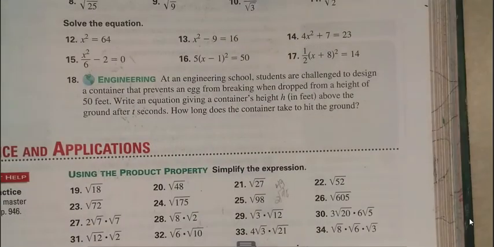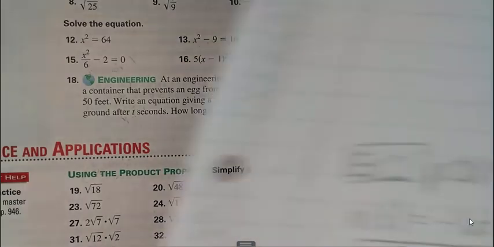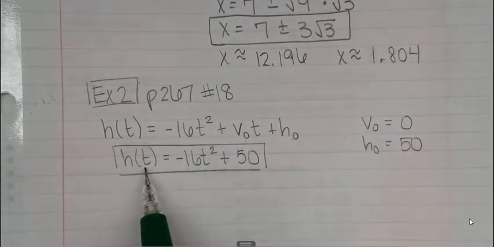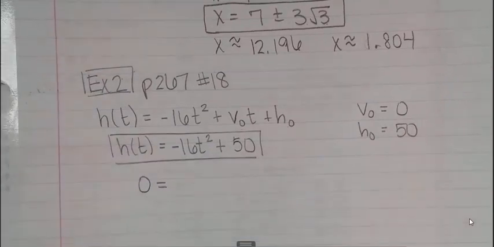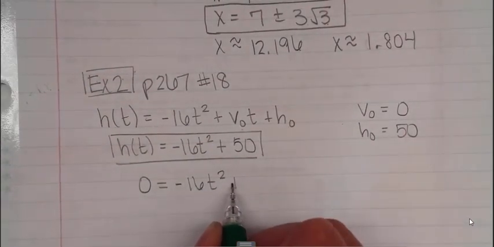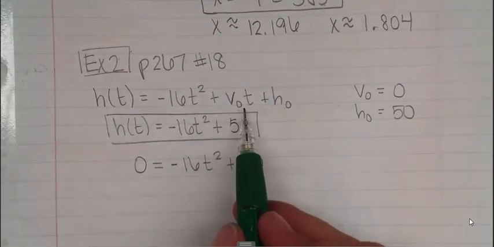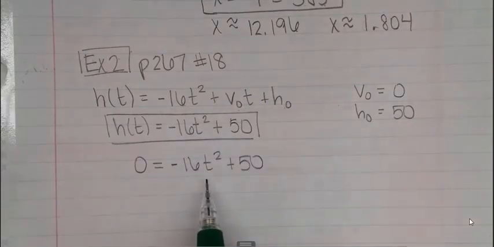And then the second part of this is, how long does it take the container to hit the ground? If the container is going to hit the ground, I know then that my output, or my height, is going to be 0. So I can plug 0 in there. Basically all I'm looking for is one of my roots. Now, because I don't have that t term, or that middle term, this becomes a problem where I can just solve this using square roots.